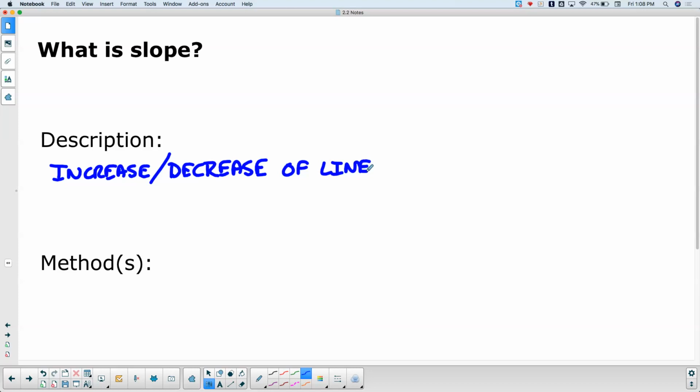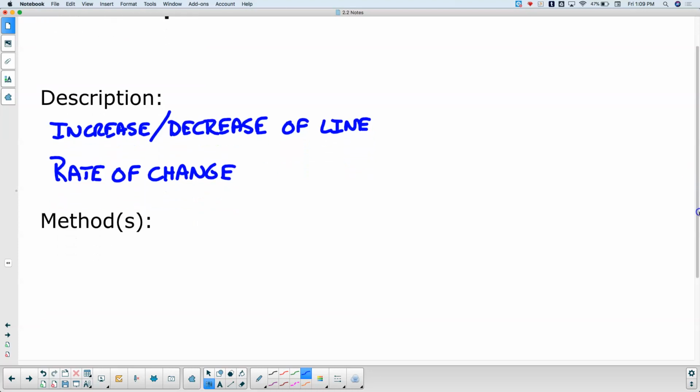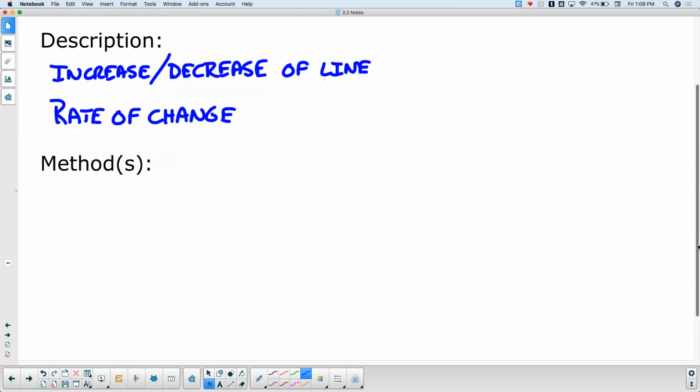Rate of change, that's a good one. What else? Now, what did you guys come up with back there in that corner? That's a method? Okay, so that would be more of a method down here. Let me bring this down a little bit, and then let's go method here. So you're saying rise over run. Okay.